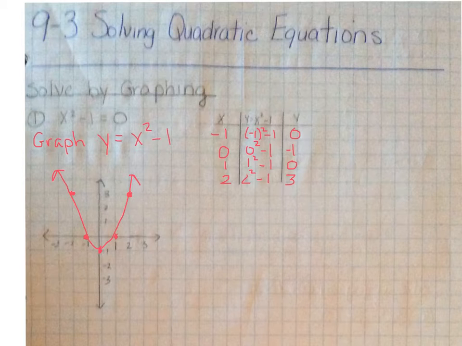So when we look at this, we're talking about the solution. We're looking for where it crosses the x-axis because we're looking for what x equals. So if you look here, this ordered pair is 1, 0. And this ordered pair is going to be -1, 0. So we look at our x values. We have two solutions because it crosses the x-axis in two places.